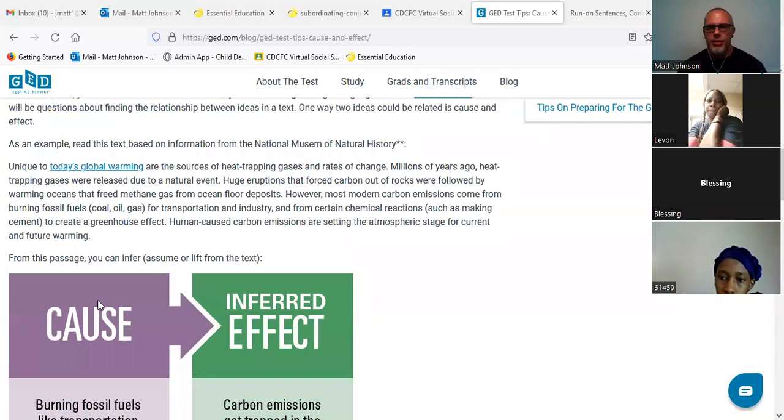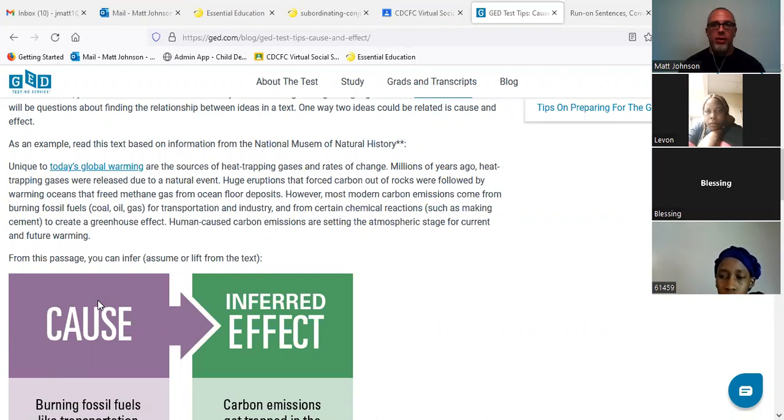It has a short passage here. Unique to today's global warming are the sources of the heat-trapping gases and rates of change. So millions of years ago, heat-trapping gases were released due to a natural event. Huge eruptions that forced carbon out of rocks were followed by warming oceans that freed methane gas from ocean floor deposits.